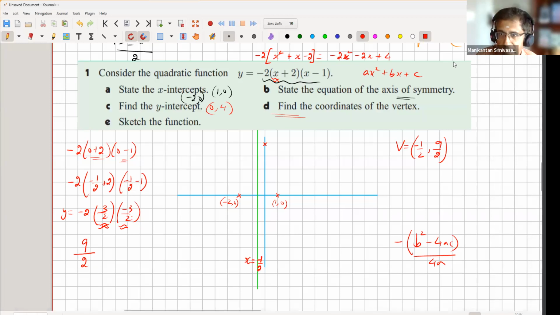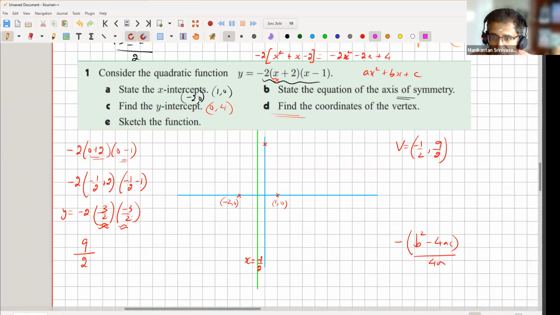Let's first find what b square minus 4ac is, since we'll often need it. b square is (-2) whole square, minus 4ac is 4 into 4 into 2, which is 32. That's b square minus 4ac, which is 36.